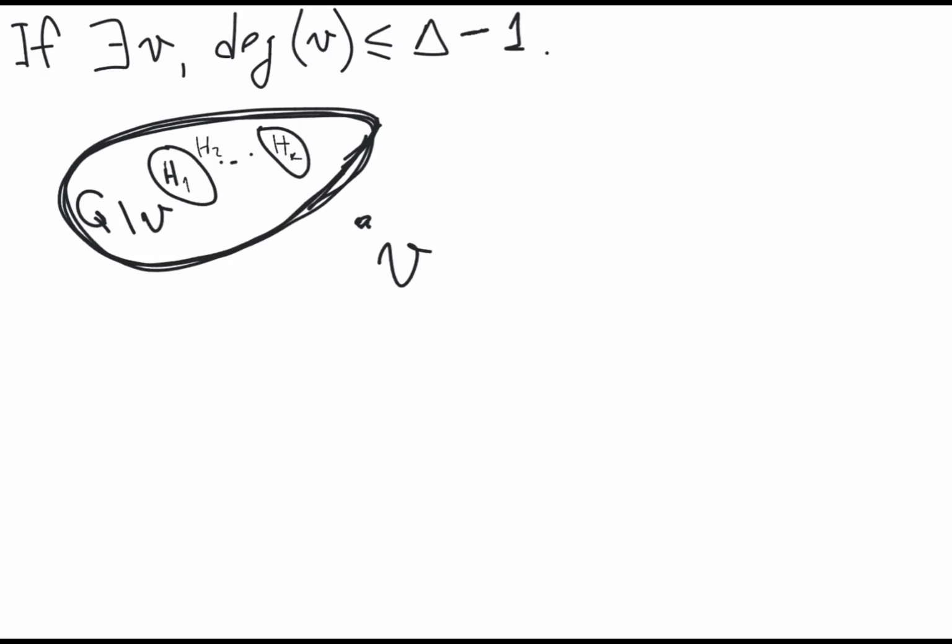So H1 and so on, HK are connected components of G minus v.